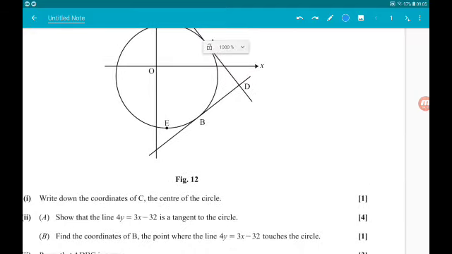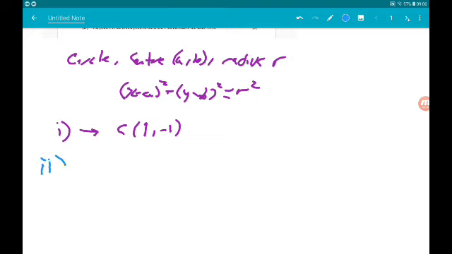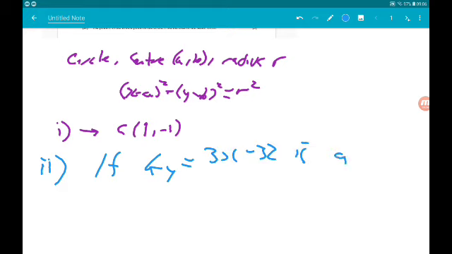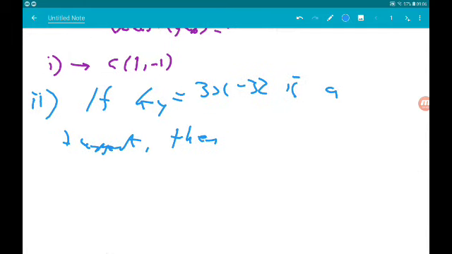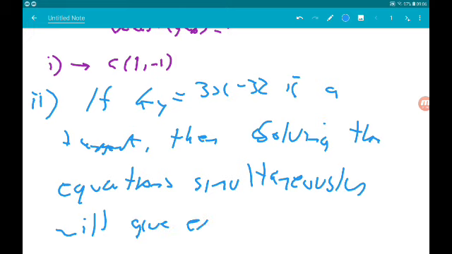So we know it's this bottom line, 4y = 3x - 32. If it is a tangent, then solving the equations simultaneously will give exactly one solution.